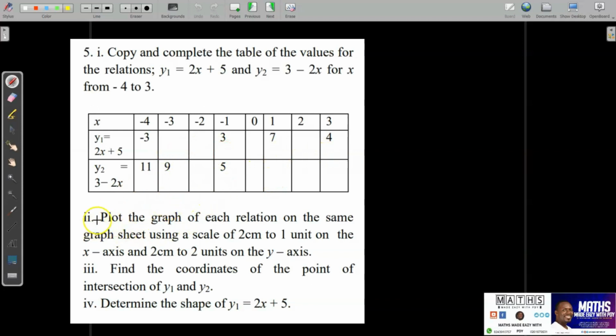The second part of the question says plot the graph of each relation on the same graph sheet using the scale of 2 centimeters to 1 unit on the x-axis and 2 centimeters to 2 units on the y-axis. The third part says find the coordinates of the points of intersection of y1 and y2. Lastly, it says determine the shape of y1 equal to 2x plus 5.